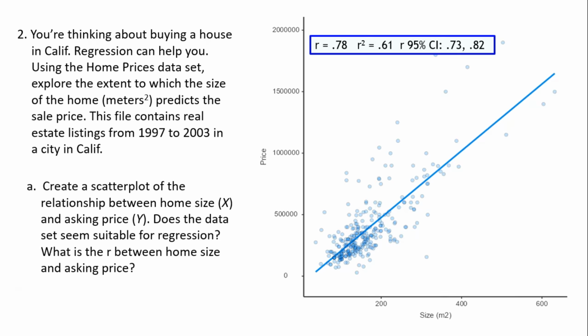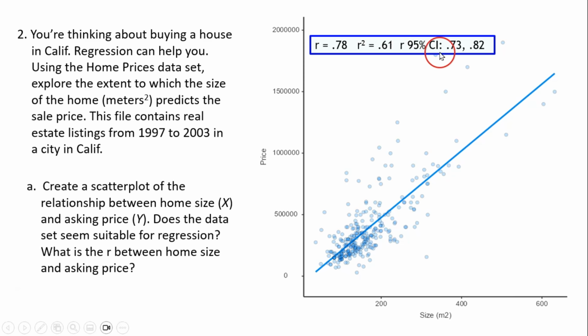We're only looking at one of the possible factors that affect price. But in this context, with this data set, we see that about 61% of the variability in price is accounted for by variability in the size of the home. So yes, the size of the home does have an influence on the price.